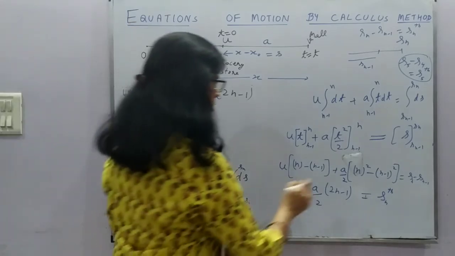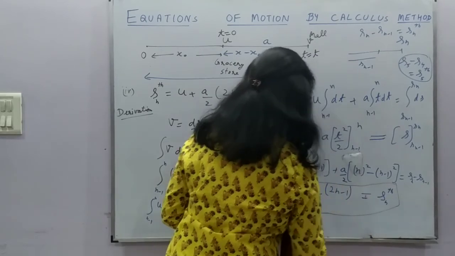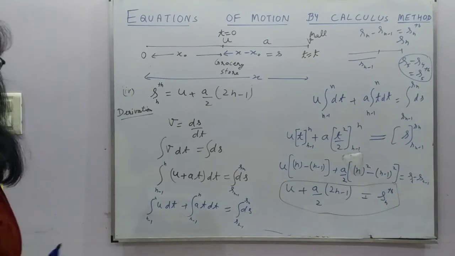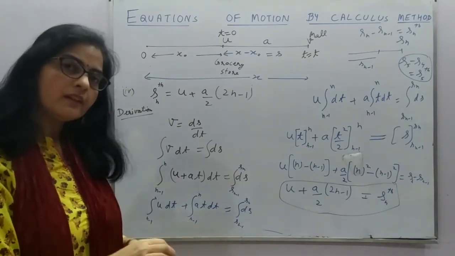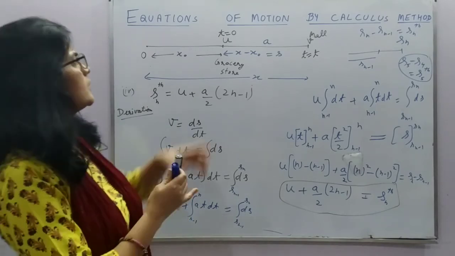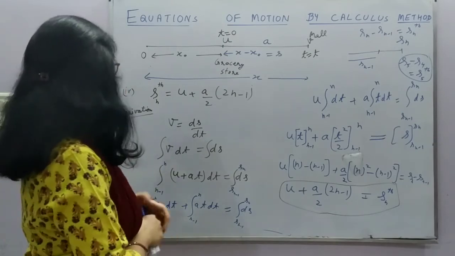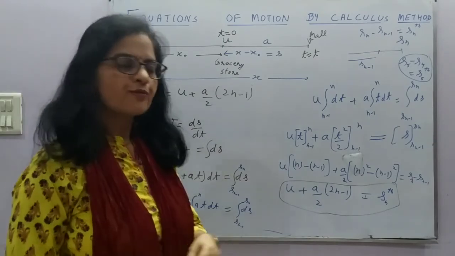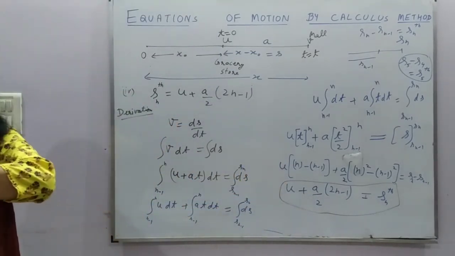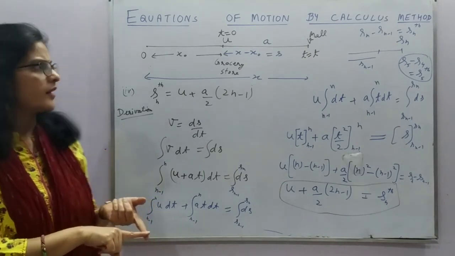So that's all about the equations of motion by calculus method. The only thing which is important here is that when you are integrating and putting the limits, you have to remember and recall the straight line motion, what is the initial limit and what is the final limit. Like in case of the fourth equation also, we have to take the limits from the last second to the previous second, right? That's all for now.